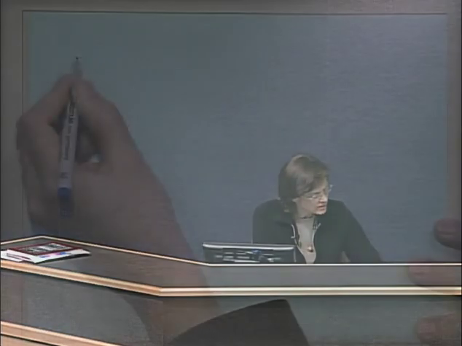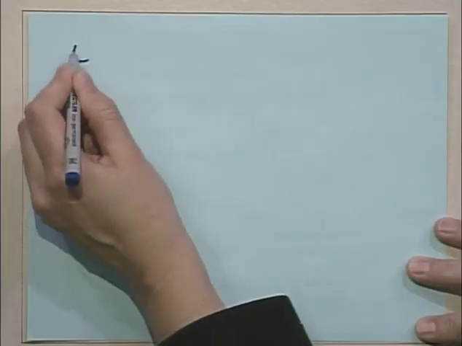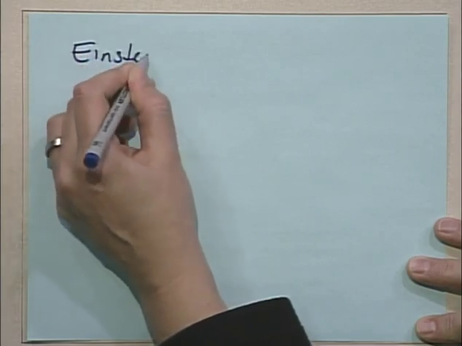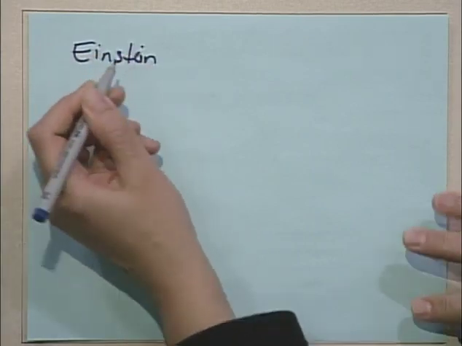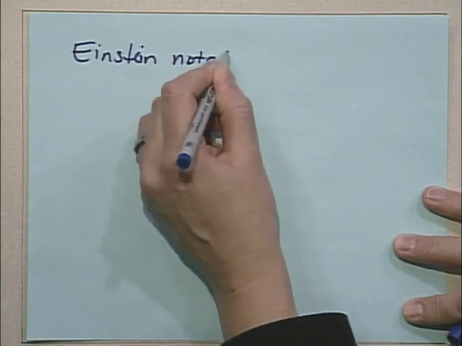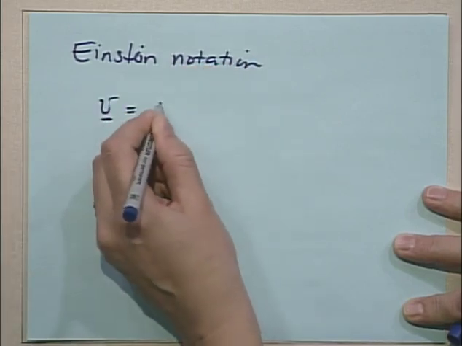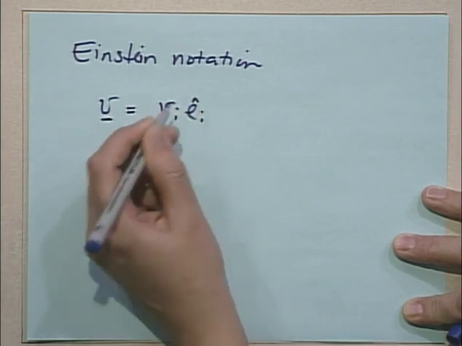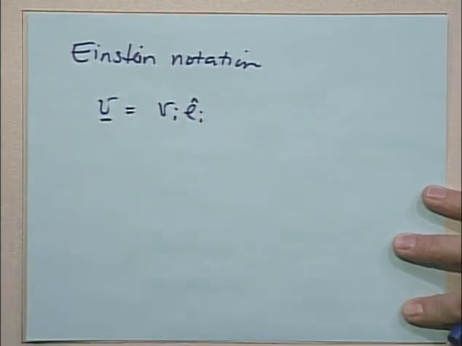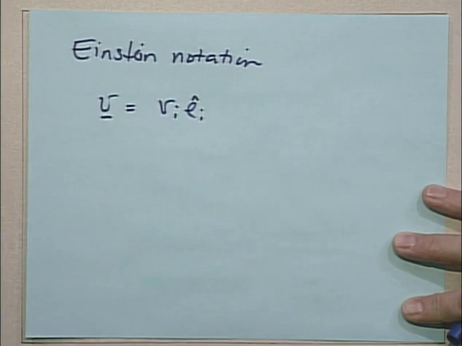On the homework, we had a little bit of practice with this. So, our Einstein notation, very simply, summary, is that when we have a vector, we just write v_i e_i, and that is a way of writing a vector in 3 coordinates.